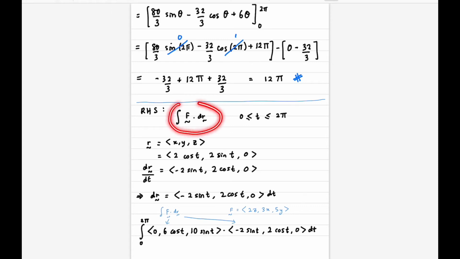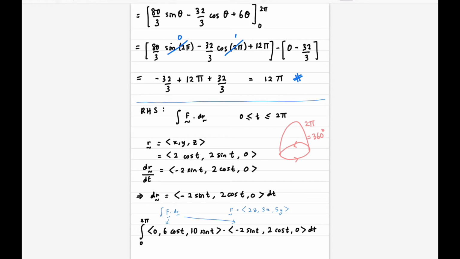The line integral f dot dr, so t will be from 0 to 2 pi because of the paraboloid. So the boundary is the full circle, here will be 2 pi. This is equal to 360 degrees. Solve the line integral.